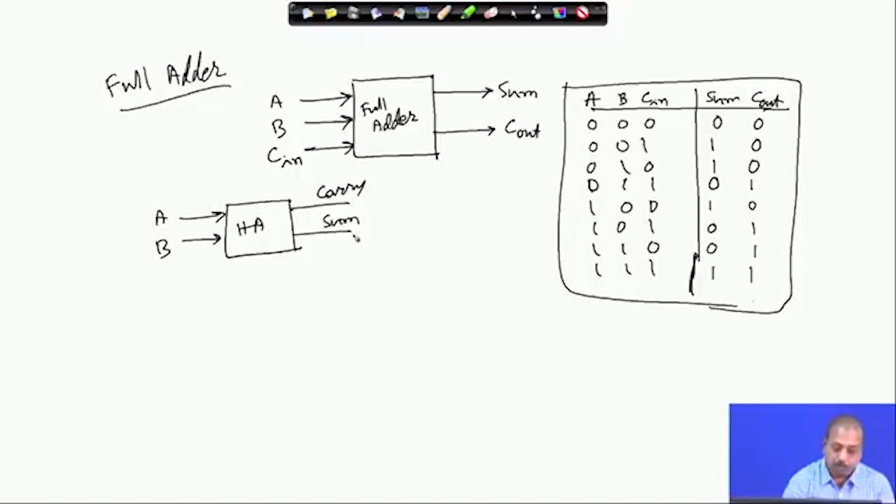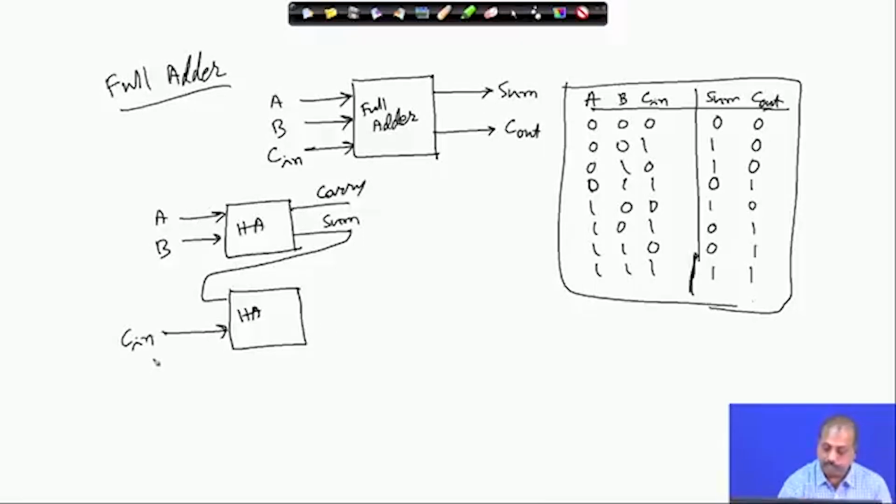Now, this sum output can be put into the next stage of half adder. So, the sum comes here, and the carry input C in can be put here, and this gives me the final sum. And for the carry, I can take one OR gate and combine the carries generated like this.